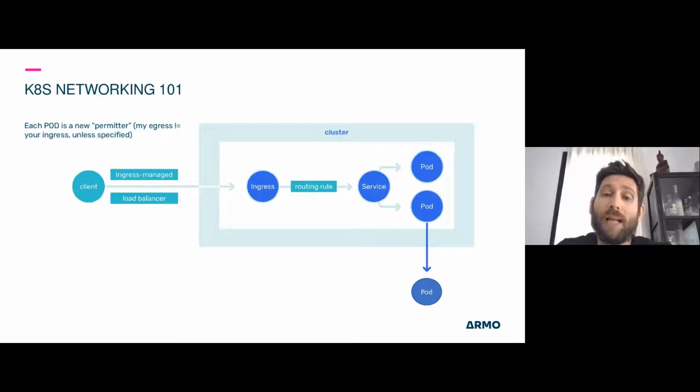So when you do that, you need to do that on both sides. You need to set the ingress in one pod and the egress in the other pod in order for it to work, which is kind of confusing.